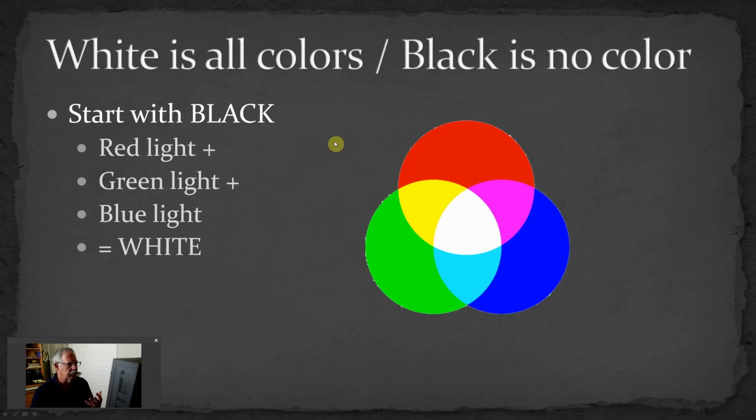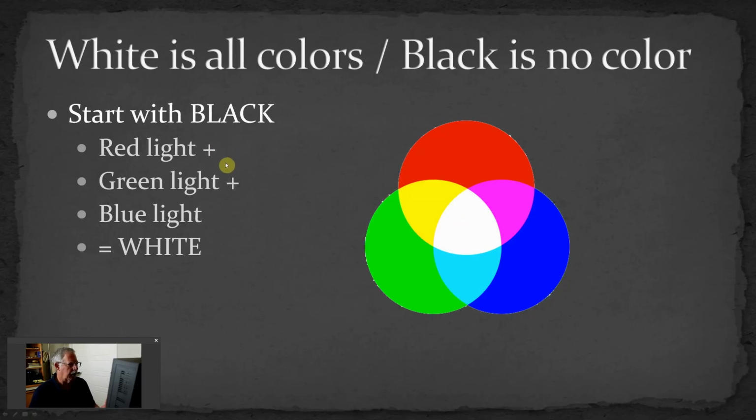If we start with red, green, and blue, in terms of color, white is all of the colors, or gray would be equal amounts of all colors. Black is no color. So if we start with red, green, and blue and we combine those in equal amounts, the result of combining red, green, and blue is white, or a neutral color with no color to it.